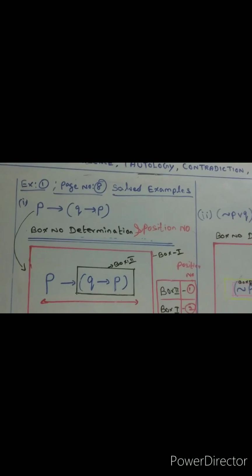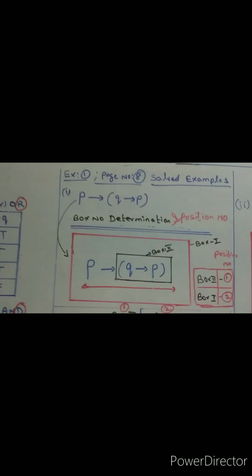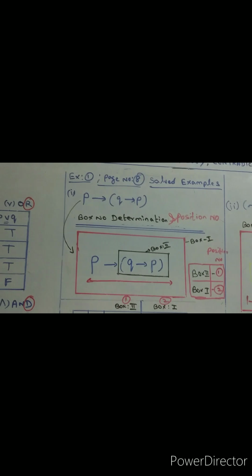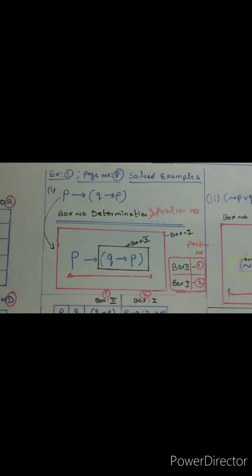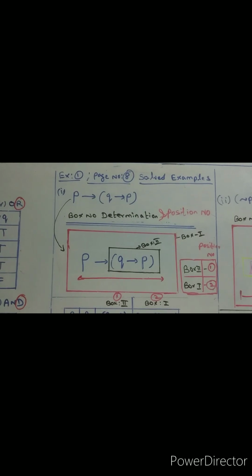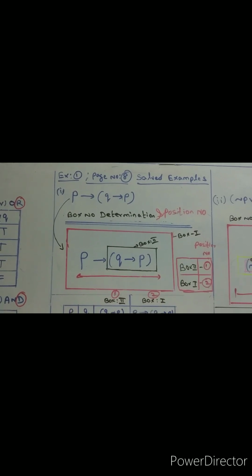First we determine the box numbers and the position numbers. I have written the equation: P if then arrow mark, bracket Q if then arrow mark P. First we plot the red color box, that is box number 1, and next the inside black color box, that is box number 2.